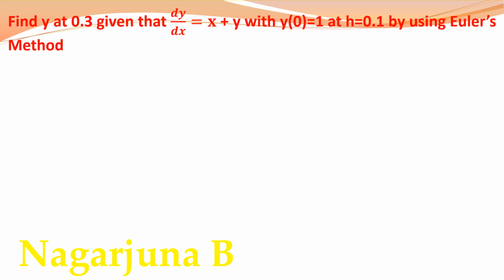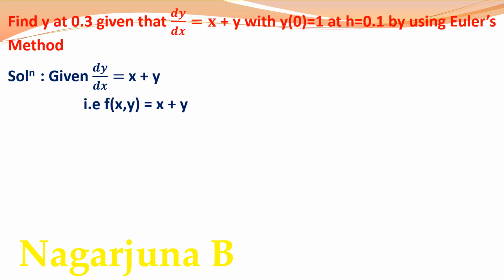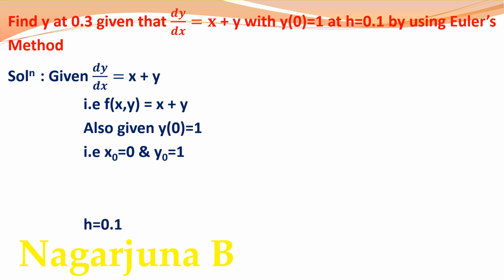So solution: given dy by dx is equal to x plus y, that is f of x comma y is equal to x plus y, and they have also given the initial condition, that is y of 0 is equal to 1, that is x naught is equal to 0 and y naught is equal to 1, and they have given the value of h, and that h value is 0.1. We need to find y at 0.3, that means y of 0.3 has to be found out by using Euler's method.